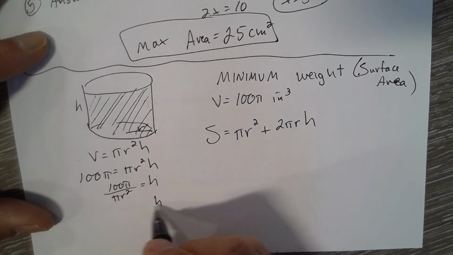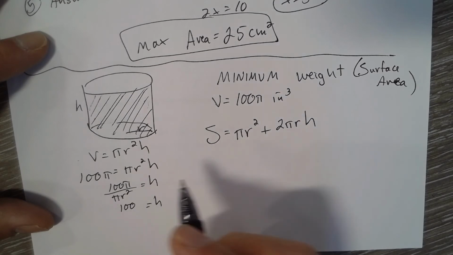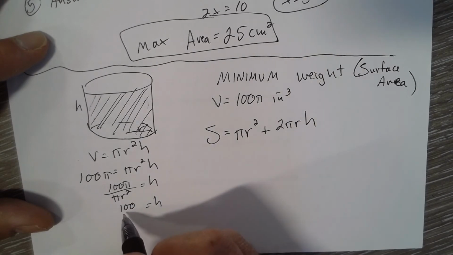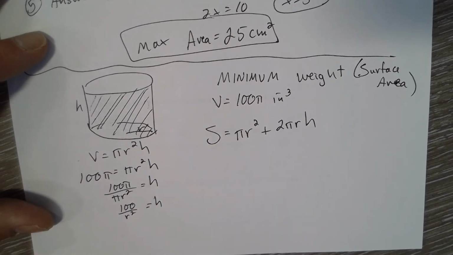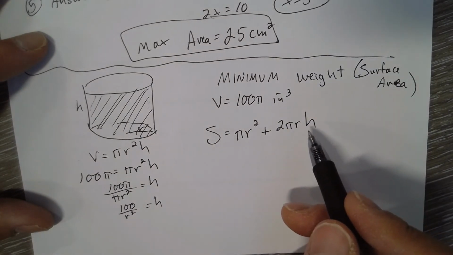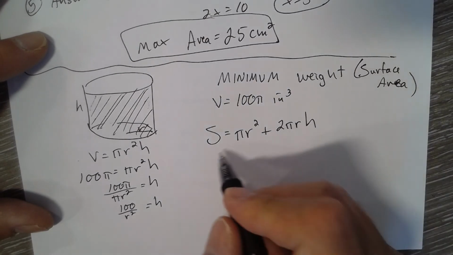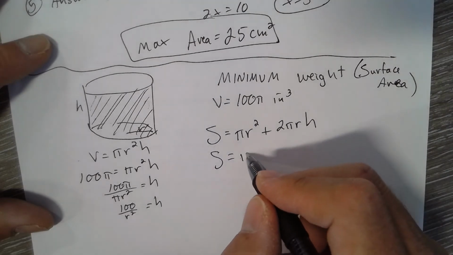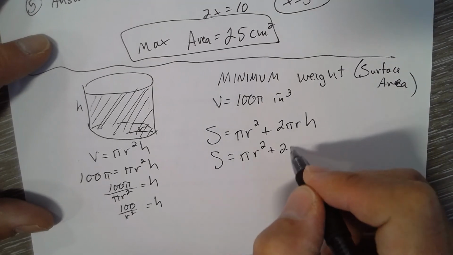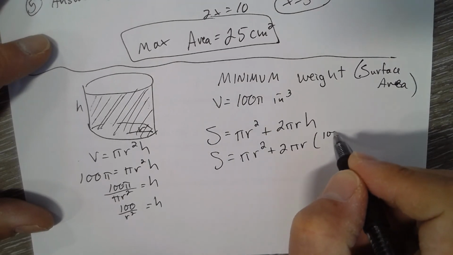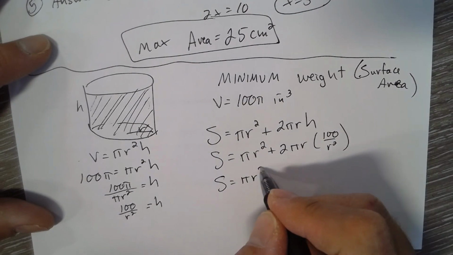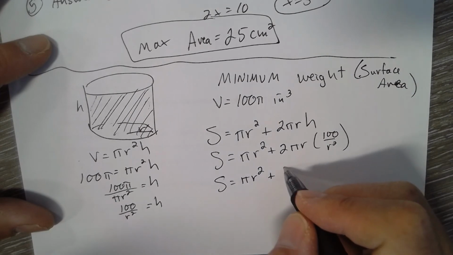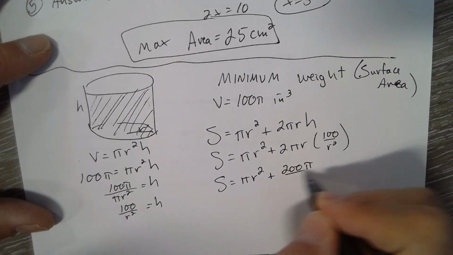So h is 100 over r squared. So now we can rewrite this by putting 100 over r squared in for h. So our new updated surface area equation is this, which is pi r squared plus 200 pi over r.